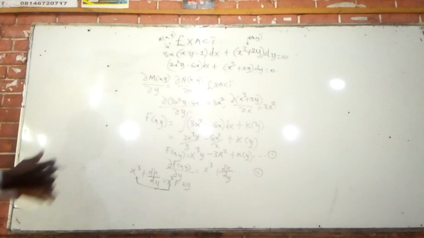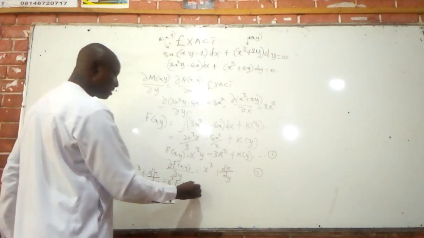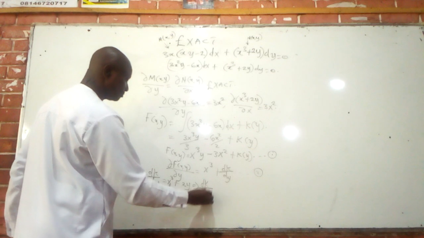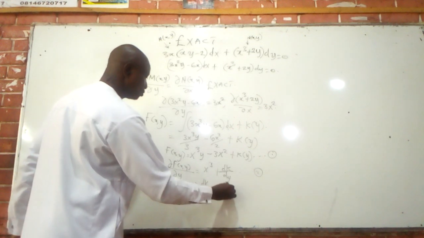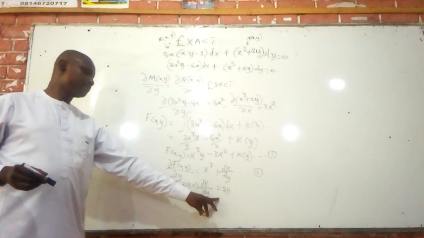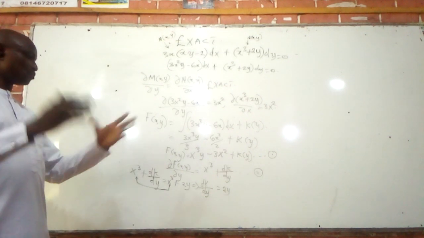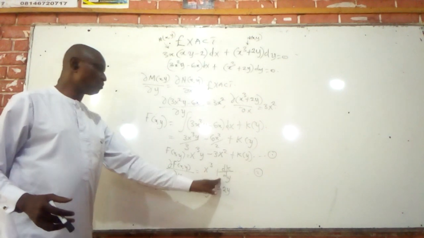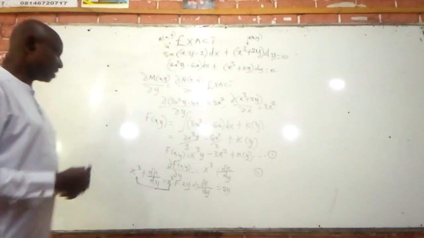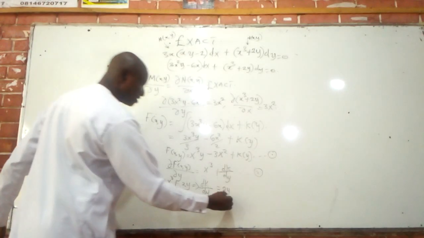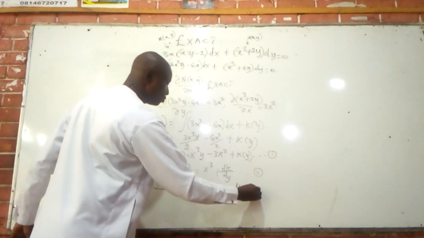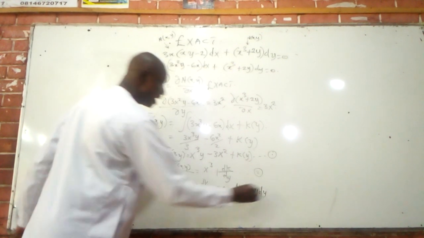They go away when you subtract both sides, so that we now have dk/dy equal to 2y. Remember that this entity was related to the last part of it since we started with it. Then dk equals 2y multiplied by dy.